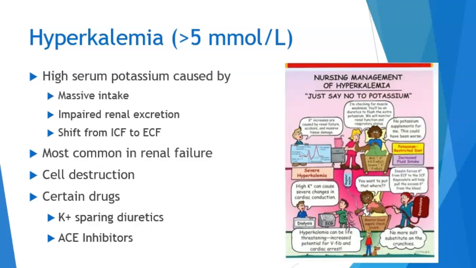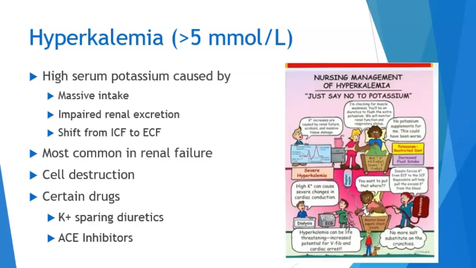So anytime that we see something like rhabdomyolysis or burns or cellular damage, we can see that potassium being released from inside the cell to that extracellular fluid, where it causes some problems, especially with the cardiac electricity. It is more common in patients that have renal failure or, like I said, that cellular destruction.